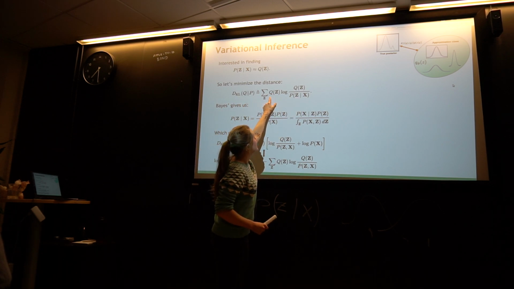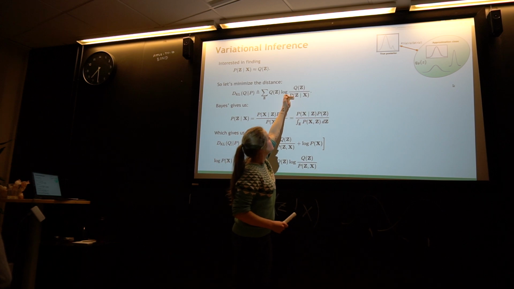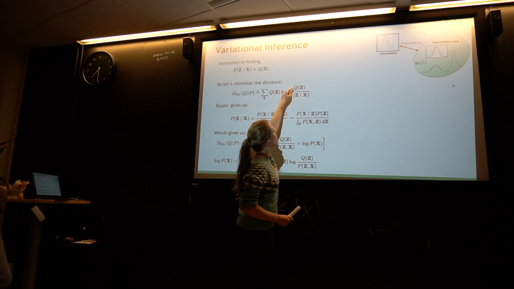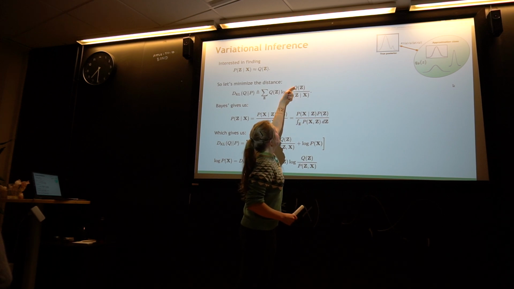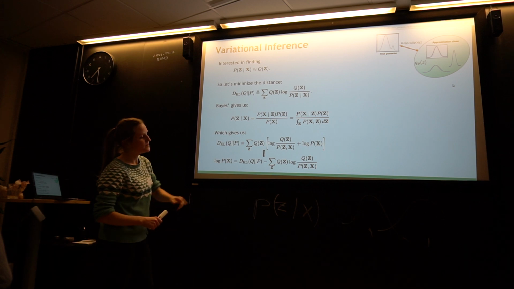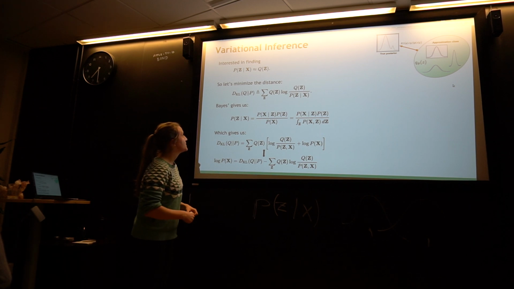So it basically is more or less an expectation with respect to the approximate distribution, and then it weights the samples that come from this distribution with the real posterior. That's how it measures the distance between the two distributions.